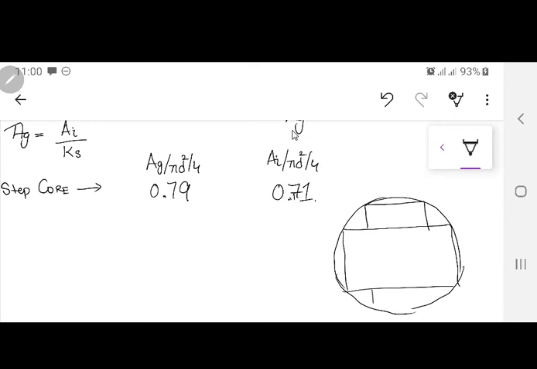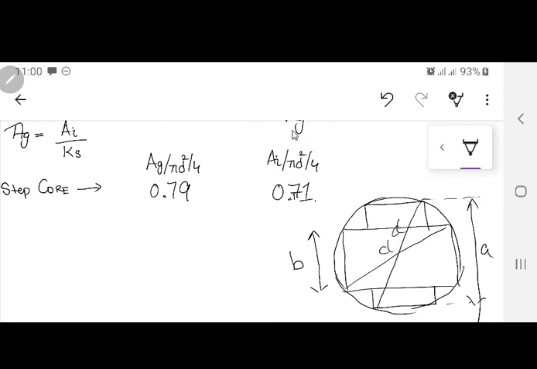This dimension up to this point was equal to A, and this dimension was equal to B. This length was equal to D, this length was also equal to D. This angle was theta 1, this angle was theta 2.